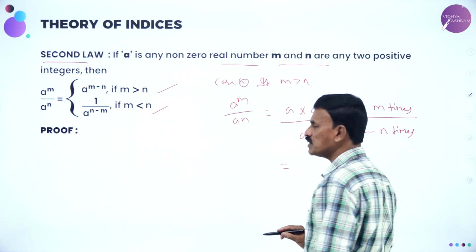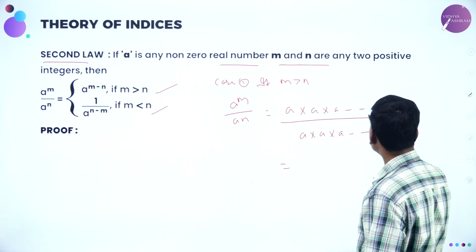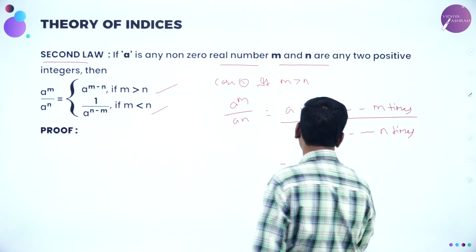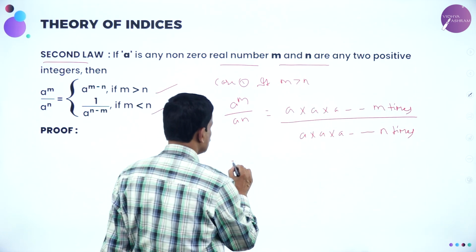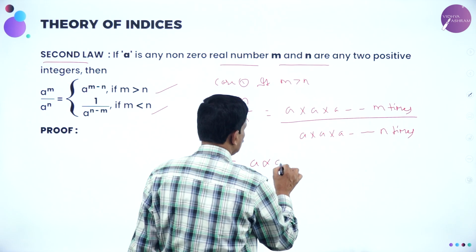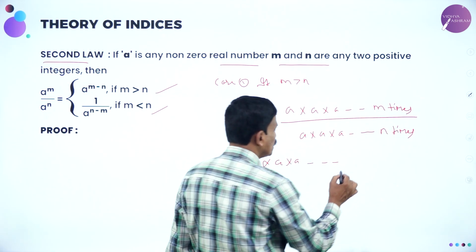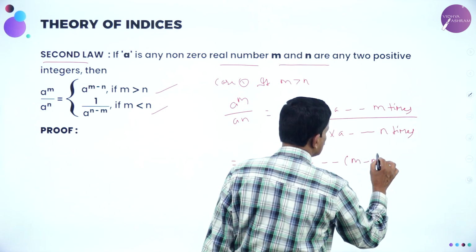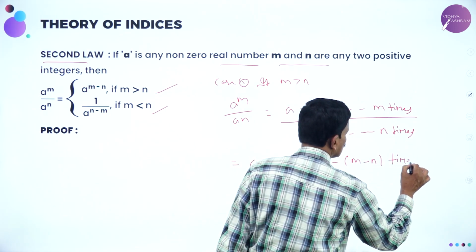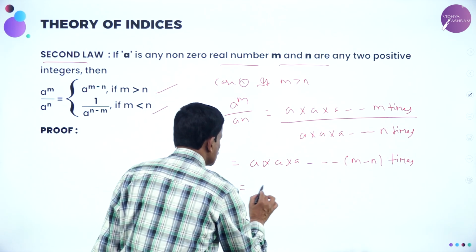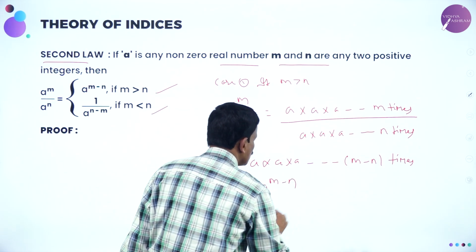So in the numerator a appears m times, in the denominator n times. Therefore, this is also equal to a into a, etc., m minus n times. This is nothing but a to the power of m minus n.